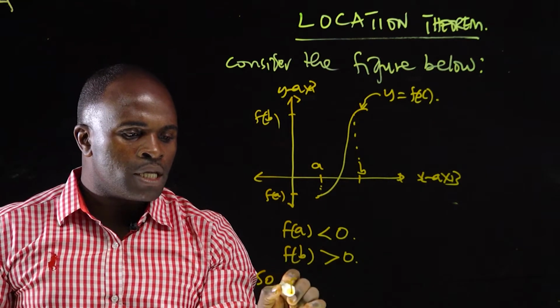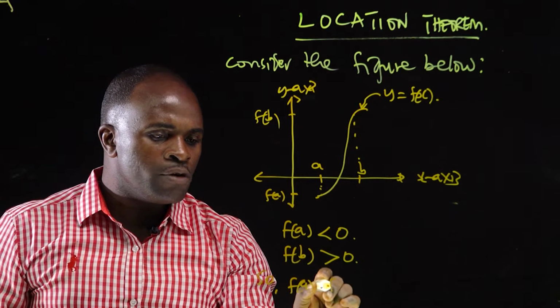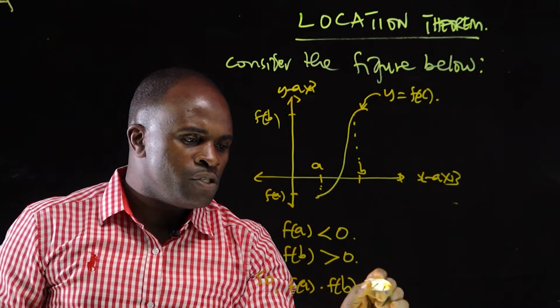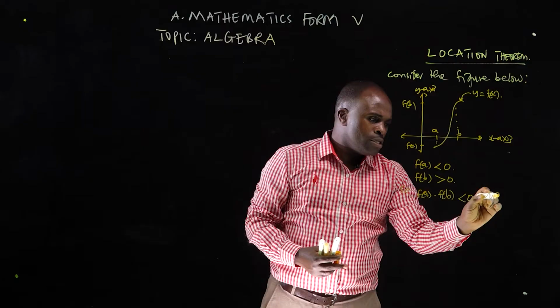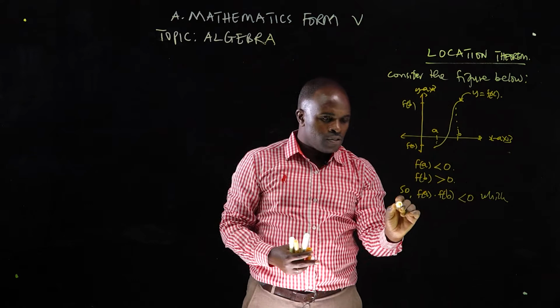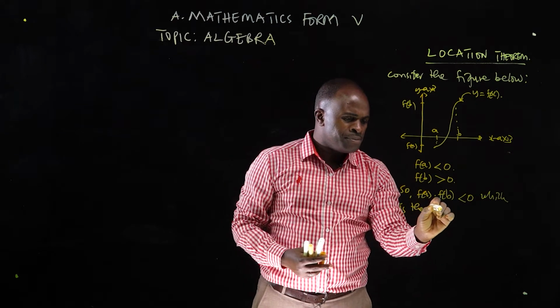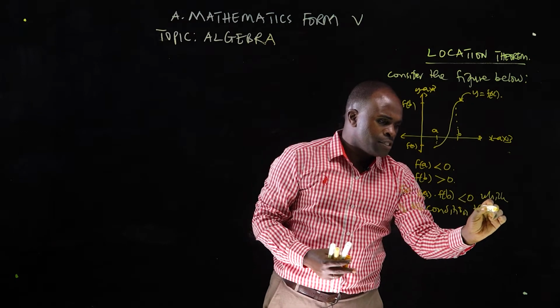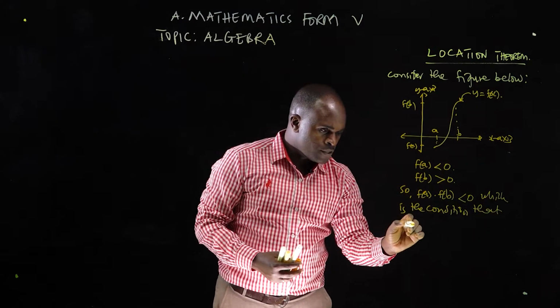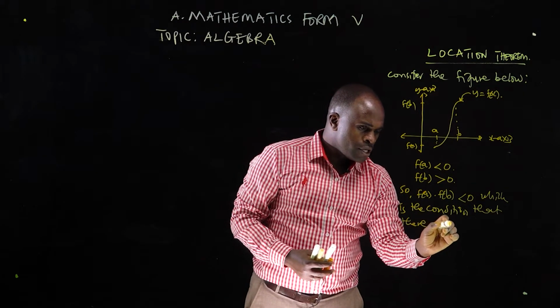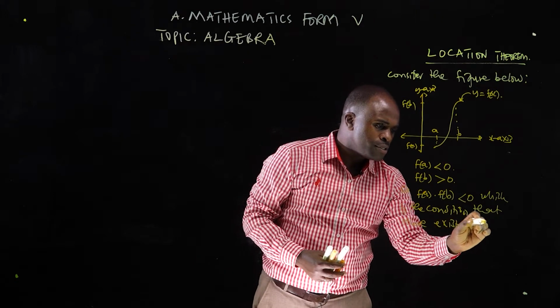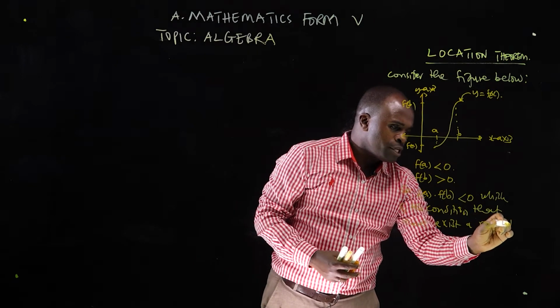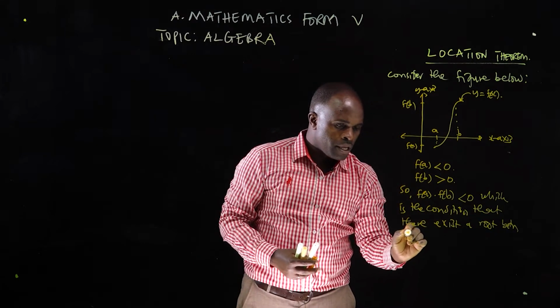So when you take f of a times f of b, the result must be negative, which is the condition that there exists a root between a and b.